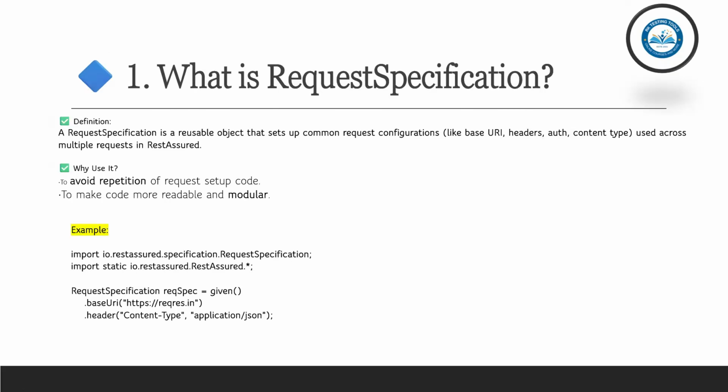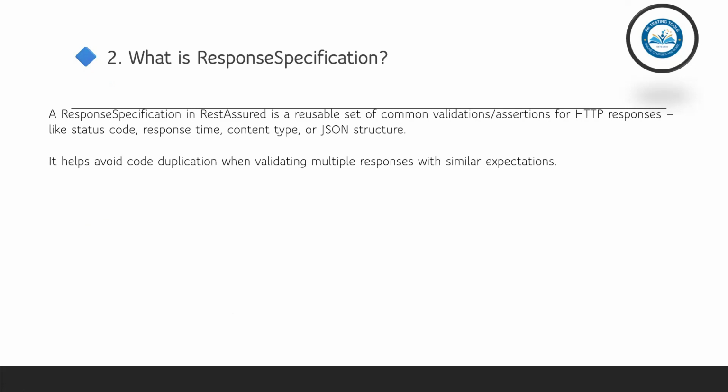We'll see this request specification practically, but before that, let's talk about the response specification. A response specification in REST Assured is a reusable set of common validations. That means it is for validation purposes. After testing the endpoint request, we get information like status code, response time, content type, or JSON structure.